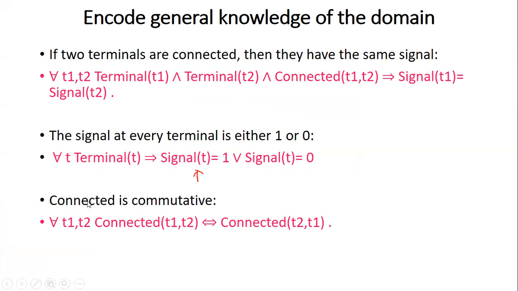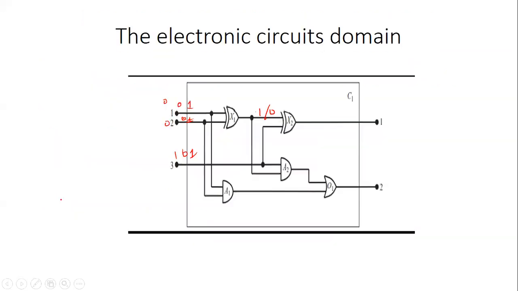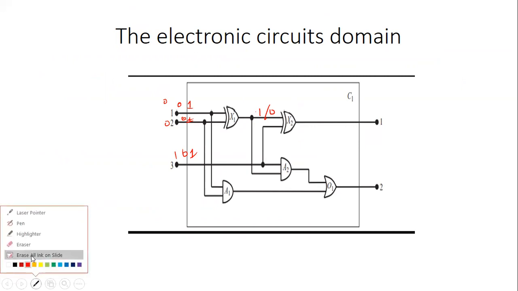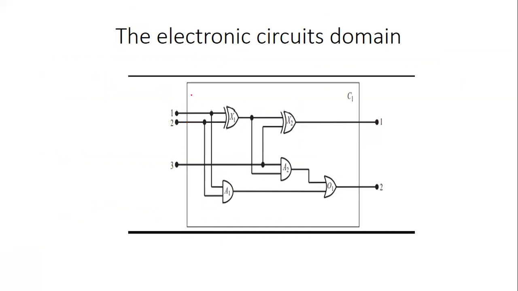And the third is, connection is commutative. Connection is commutative in the sense that, let us assume this line is T1, terminal 1, and this line is terminal 2. Now these two lines are connected. So here, connected means that we can say either T1 is connected to T2, or T2 is connected to T1.